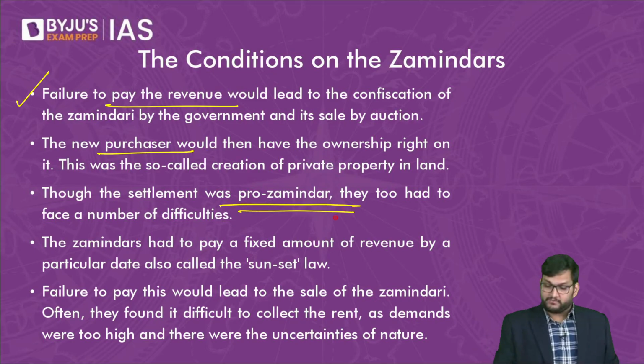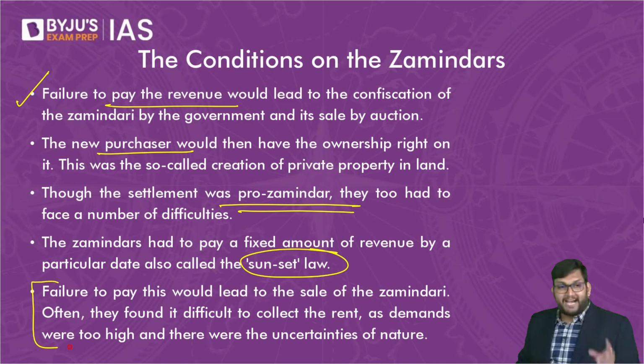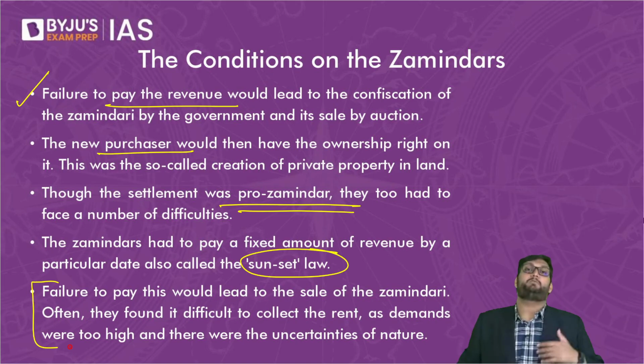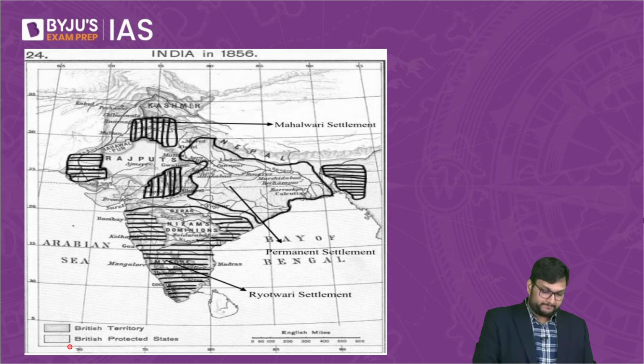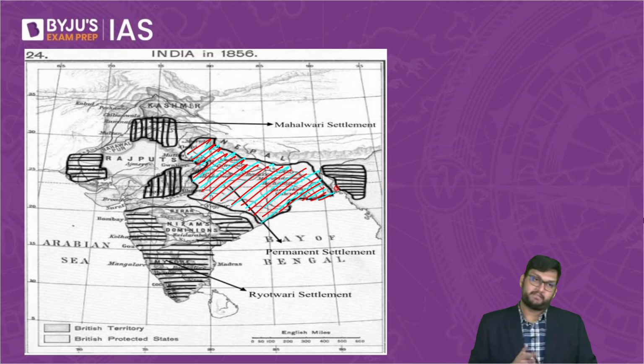However, because of the sunset law, it also became a major problematic aspect because zamindars themselves were not able to pay this tax. In the end, this part of India went into permanent settlement, and it will literally ruin the agriculture and destroy the economy of Bengal, Bihar, and Orissa.